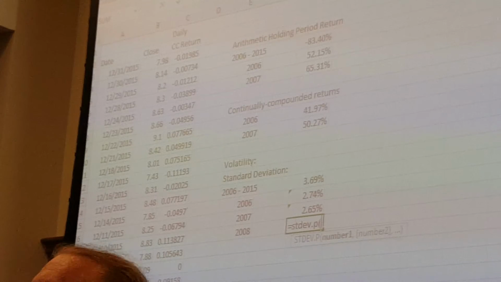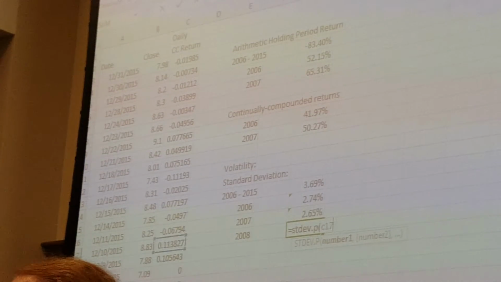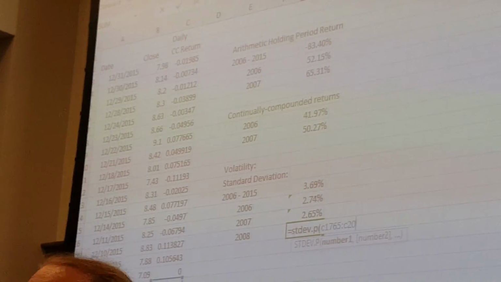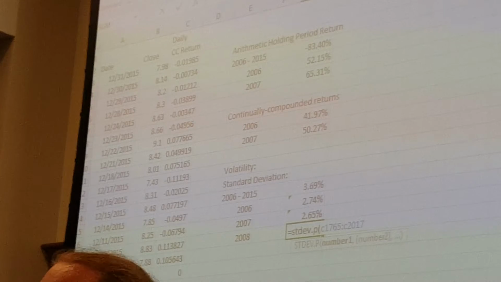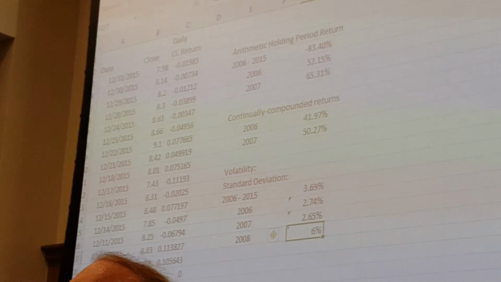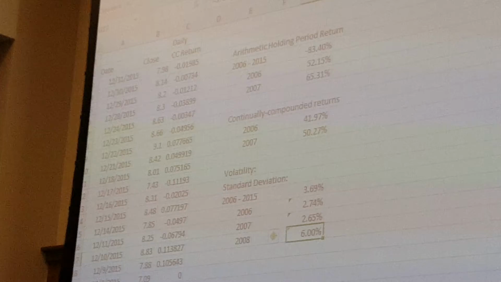STDEV.P. That's going to be C1765, C2017. Yeah, got a lot more. Probably wasn't as much as the oil companies were, though.